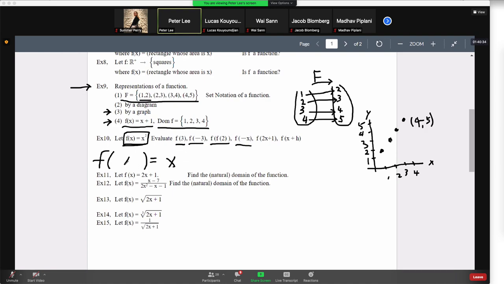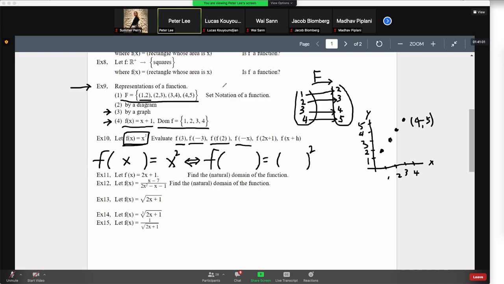So this is f of x equals x squared, right? When you see this, this is how you should understand it. Let me put a double arrow. What this means is f of whatever we put in here is equal to whatever we put in here squared.